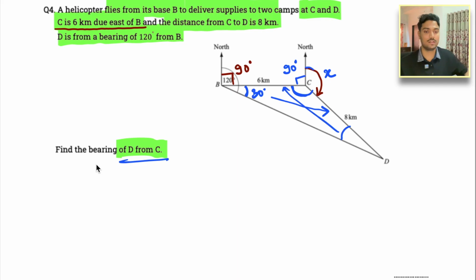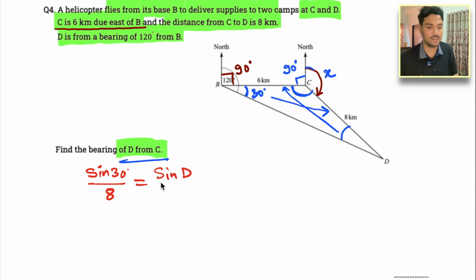We can write sine 30 degrees divided by 8 kilometers equals sine angle D divided by 6 kilometers. So sine D will be 6 times sine 30 degrees divided by 8.